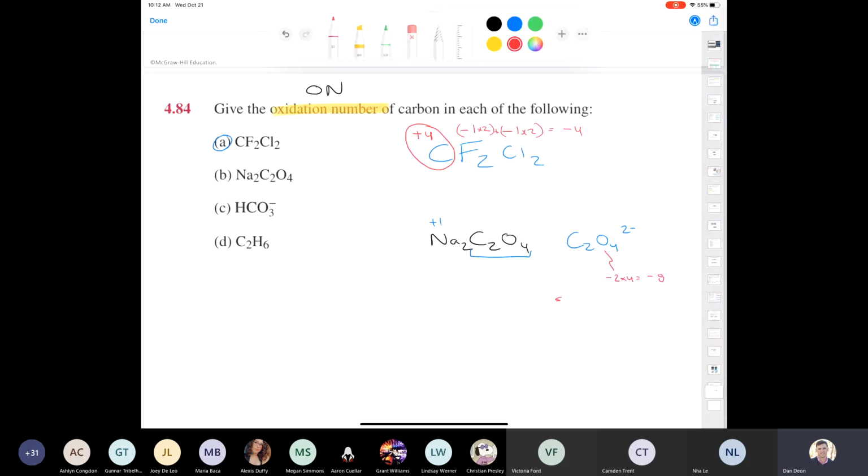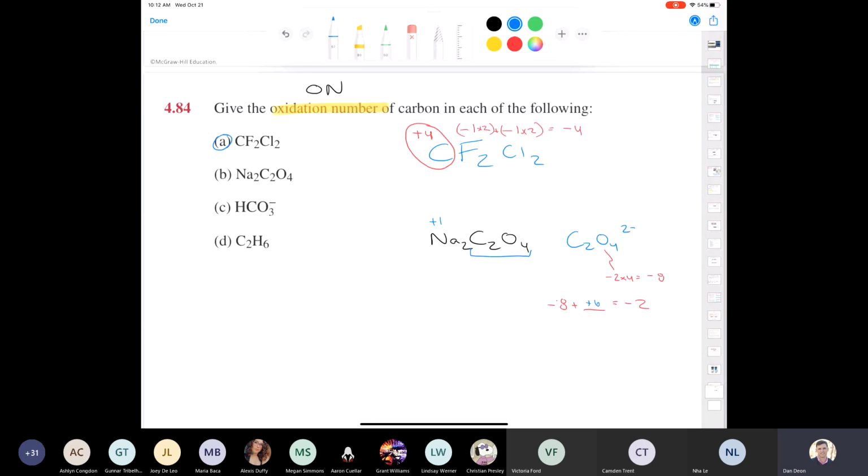Now, -8 plus something gives us -2. What could that something be? And the answer is what? Who could tell me? -8 plus what gives you -2? +6, absolutely.